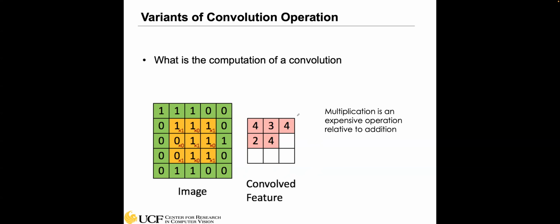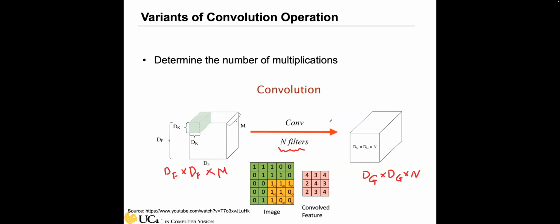One thing to note is that during hardware computation, multiplication is very expensive as compared to addition. So we want to reduce the number of multiplication operations so that we can reduce the compute.